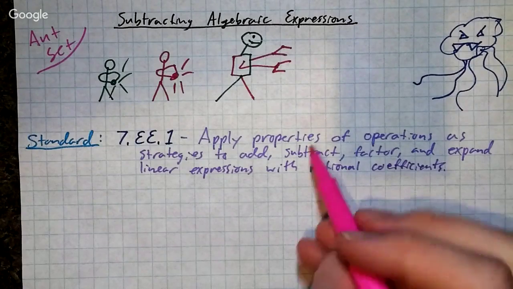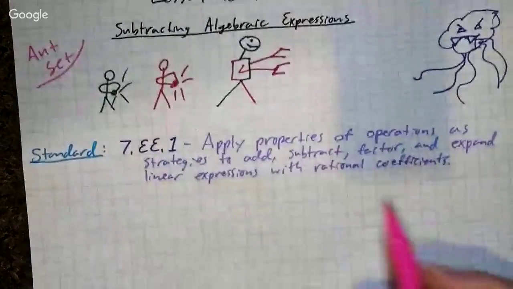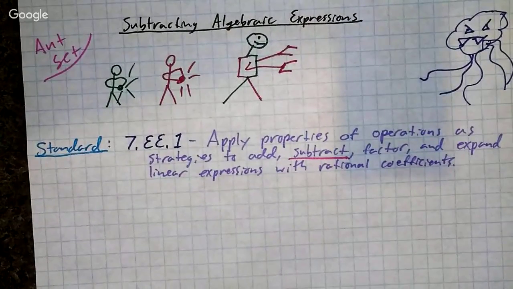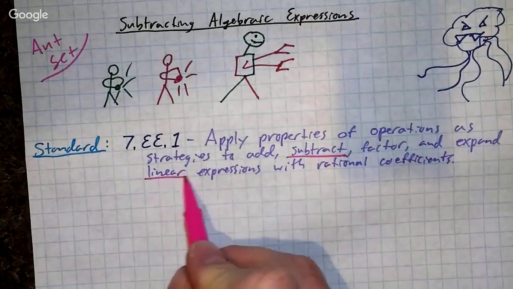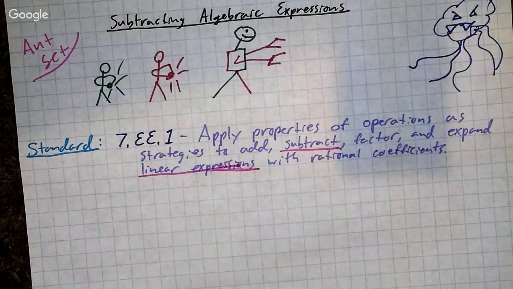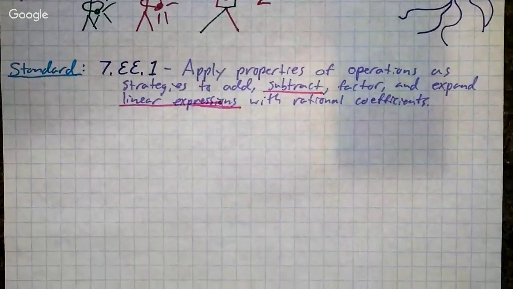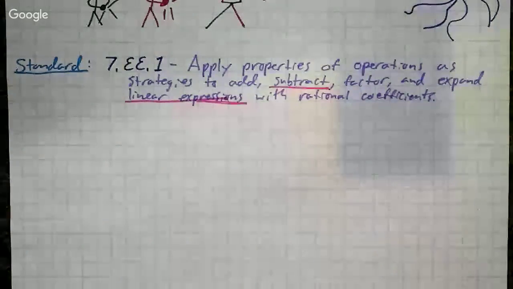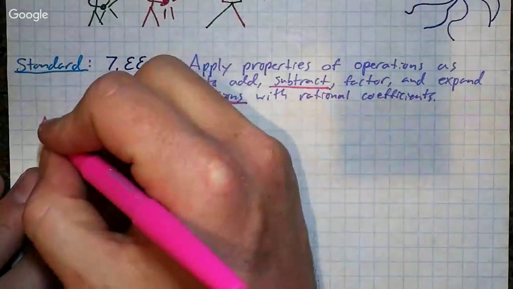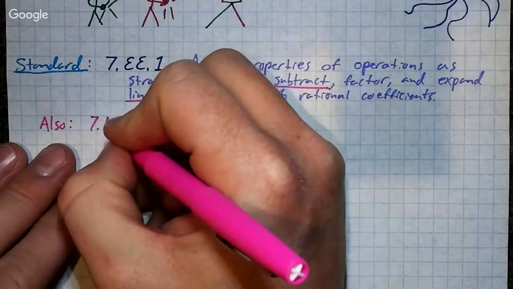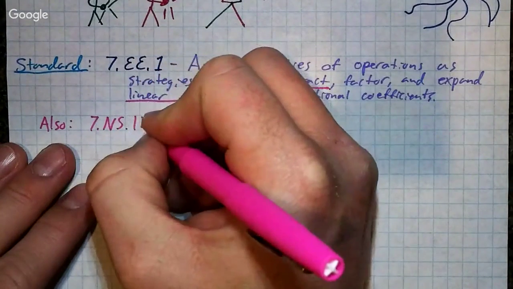And obviously, because we're talking about subtracting up here, we are going to be subtracting linear expressions. Okay, so today we're going to focus on this standard, but especially on subtracting linear expressions. Now, we do have several other standards. So I'm just going to go ahead and put also, we have 7.NS.1b.